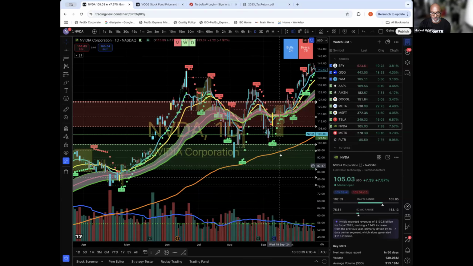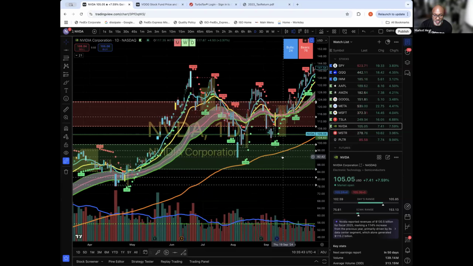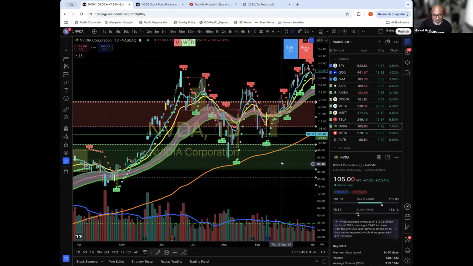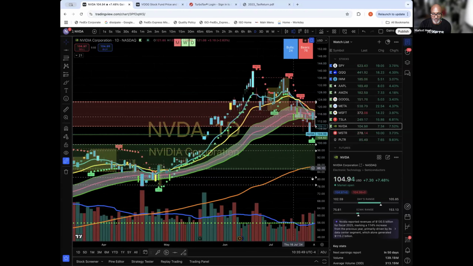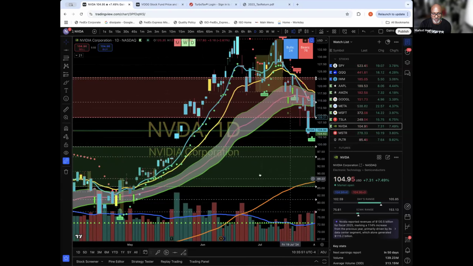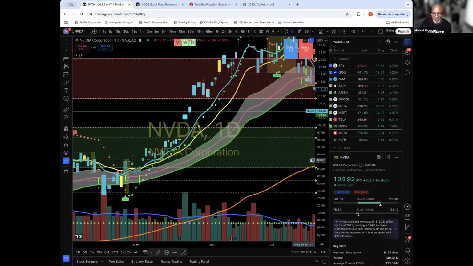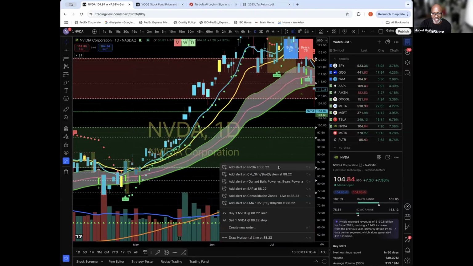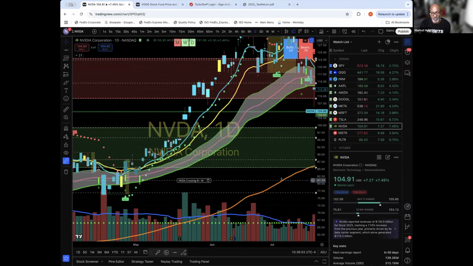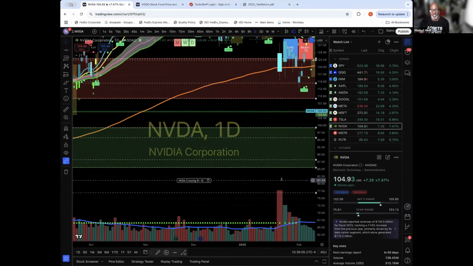Once it broke to the downside, was there another level NVIDIA struggled at? Yes, right here. Another area where it consolidated. So now I'm going to use the bottom of that consolidation as another level, 88.22.